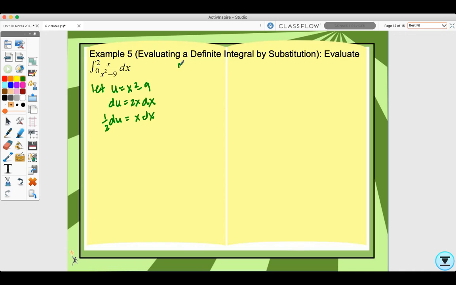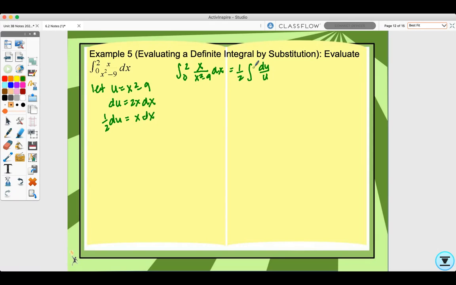Okay, so x over x squared minus 9 dx would equal 1/2, because that constant can be on the outside, du over u. Now I need to get my bounds.